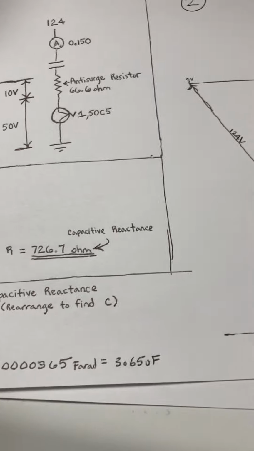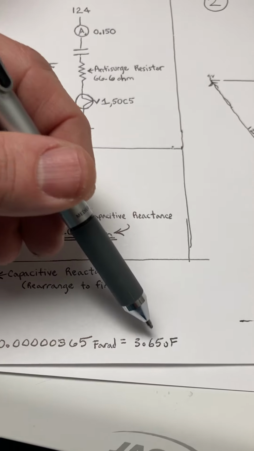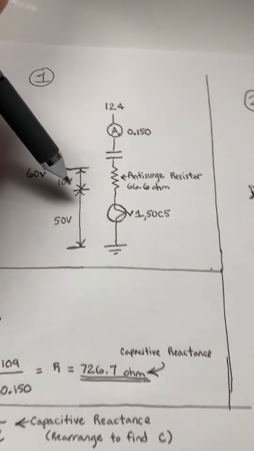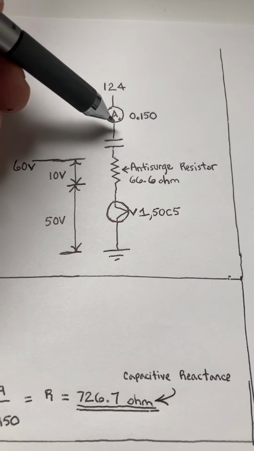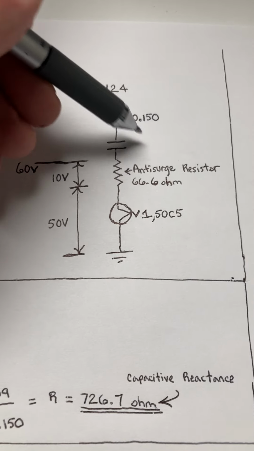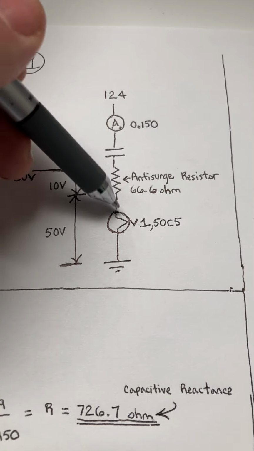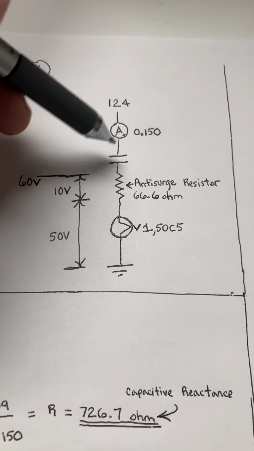So essentially, if you put this microfarad here, you're going to have the correct voltage drop, and this would be 10 and that'd be 50, and I guess that would be whatever's left.